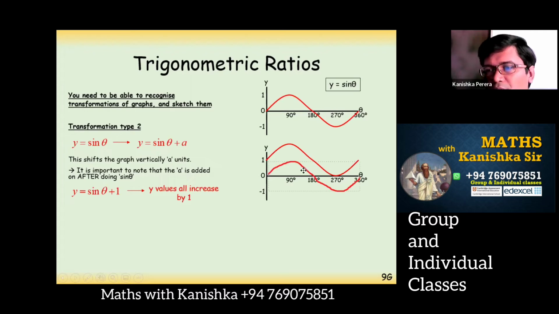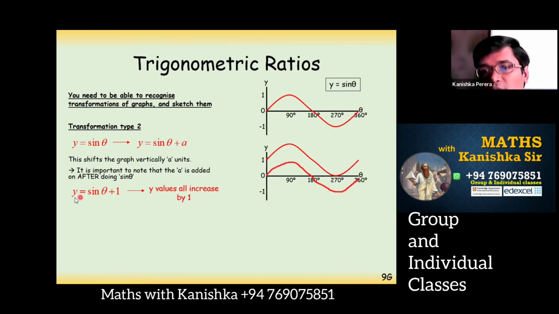It was here initially. Simply, you can understand now. Now it is mentioning +1 to the y value: y = sine theta + 1.